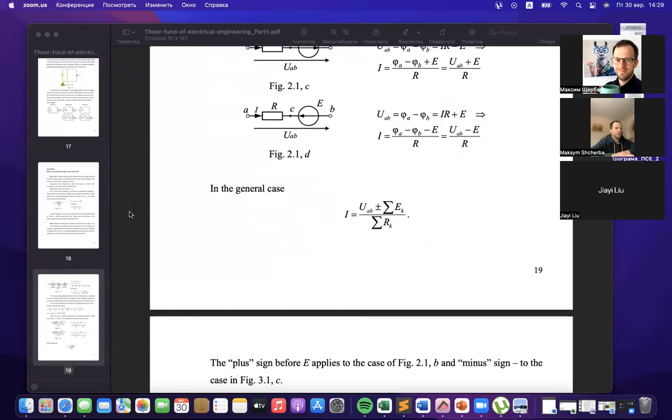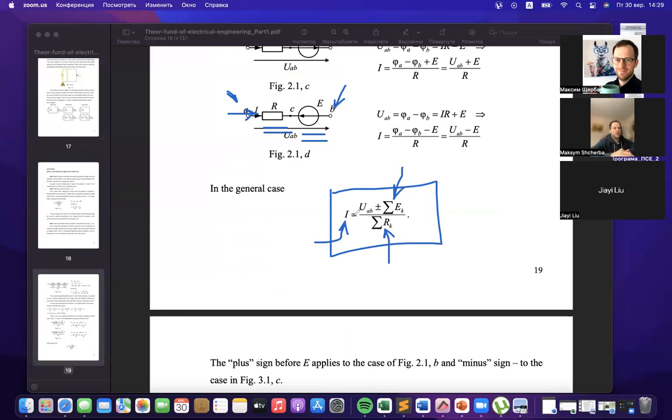In the most general case, we could write Ohm's law like this. All sources that we have inside the branch, all resistors that we have inside the branch, and the voltage applied on this branch. In such a way, we could describe the current which flows inside this branch.